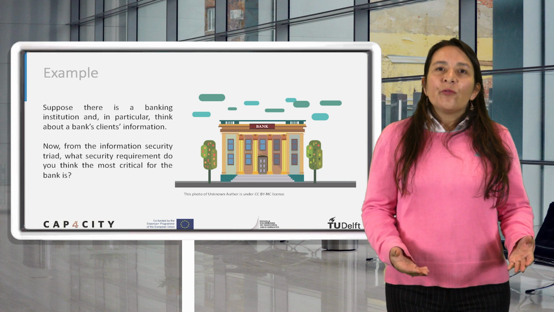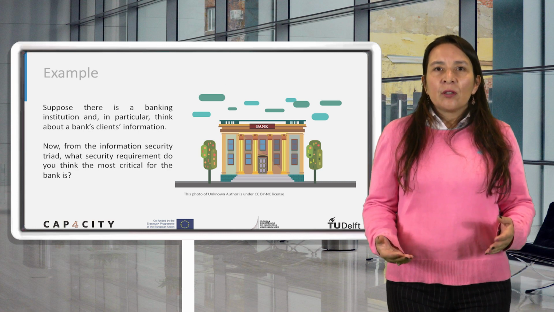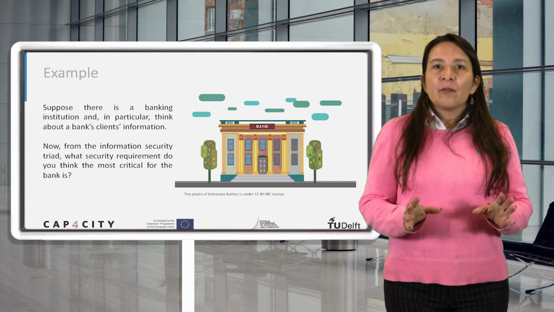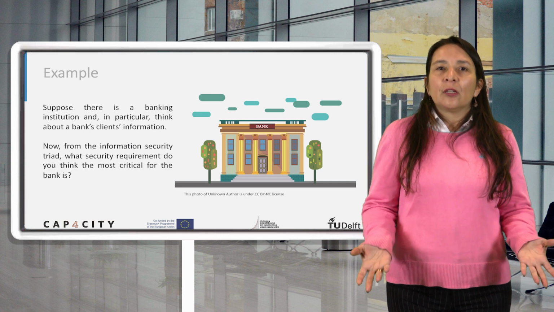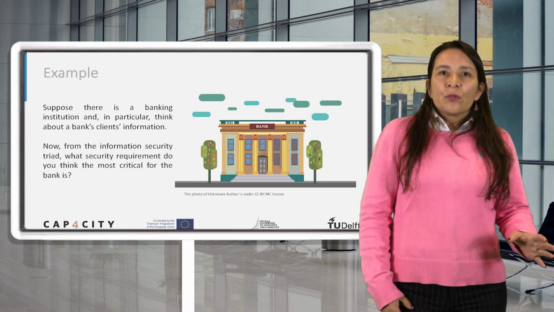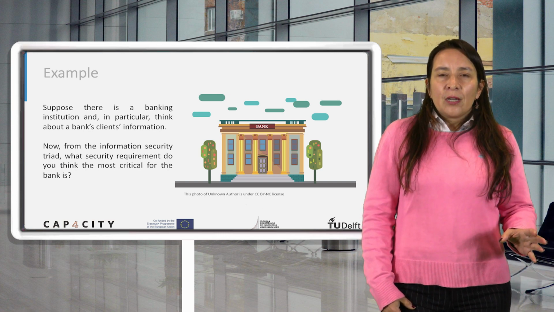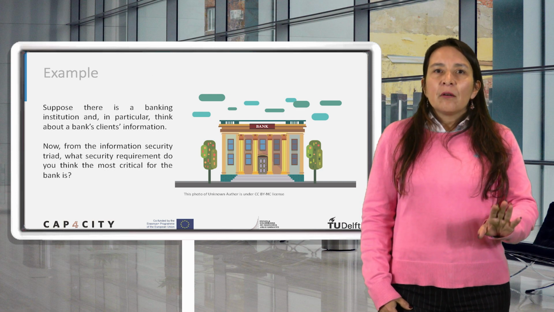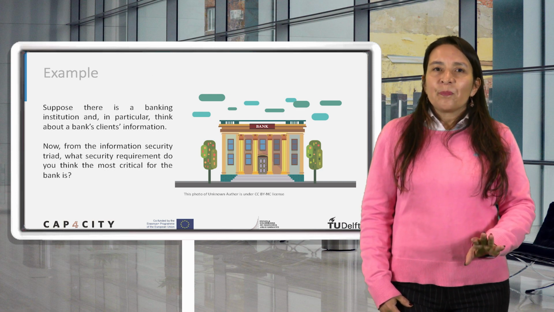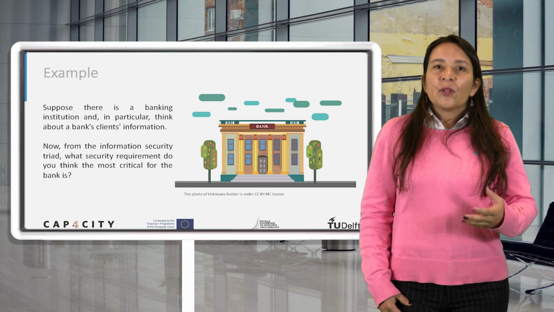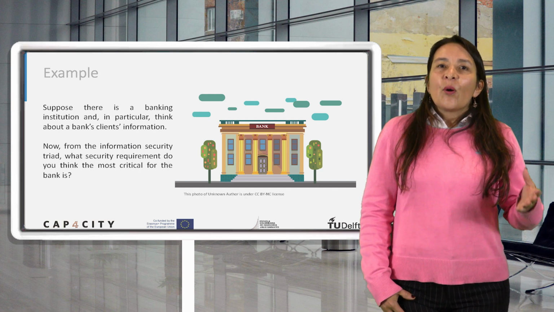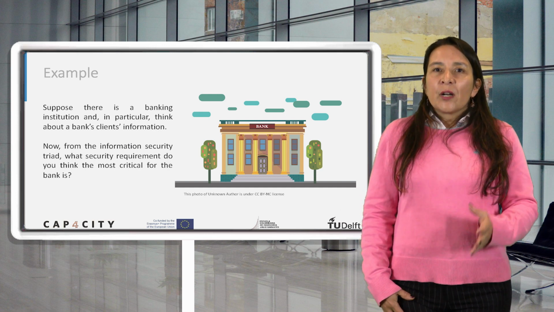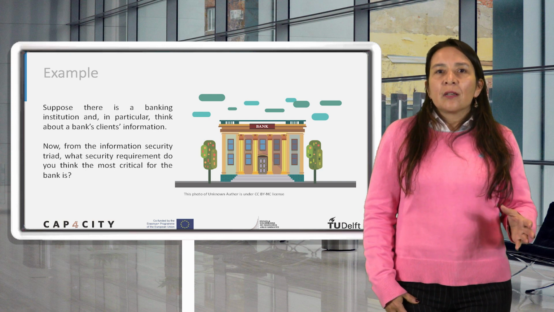Finally, you will find two examples in the reader, but I suggest thinking about the next one and reflecting on it. Suppose there is a banking institution, and in particular, think about the bank's clients' information. Now, from the information security triad, what security requirement do you think is the most critical for the bank?